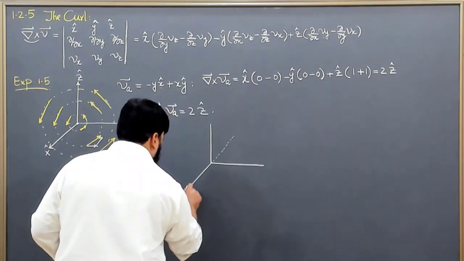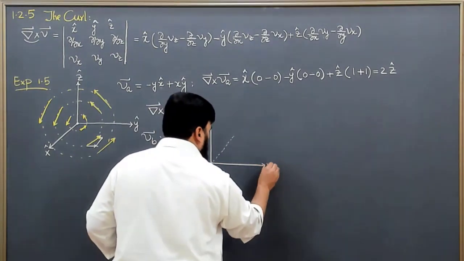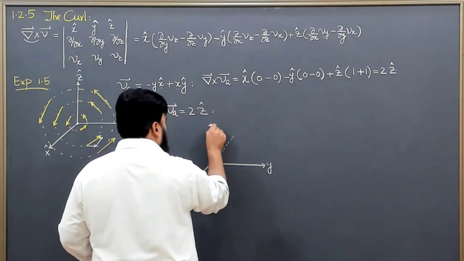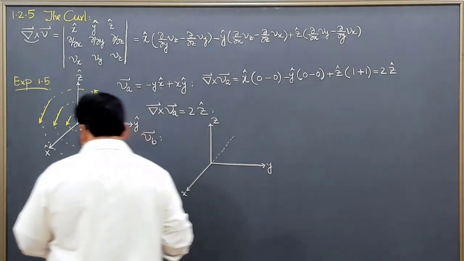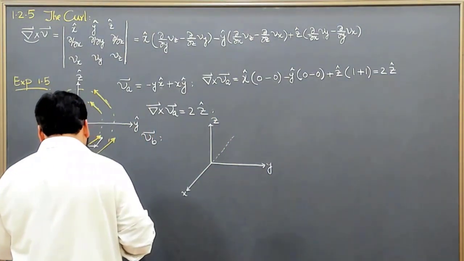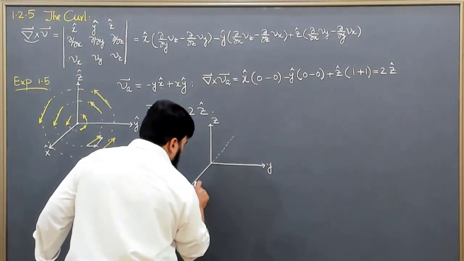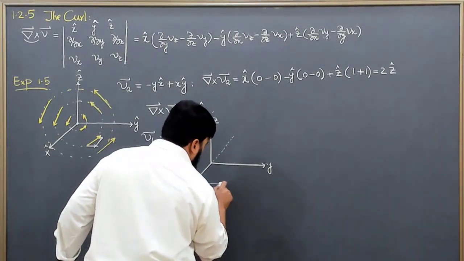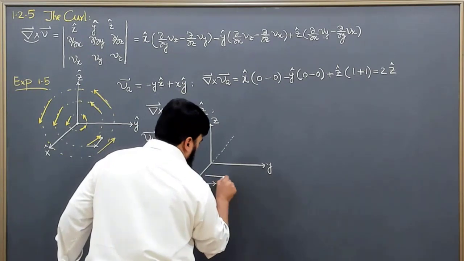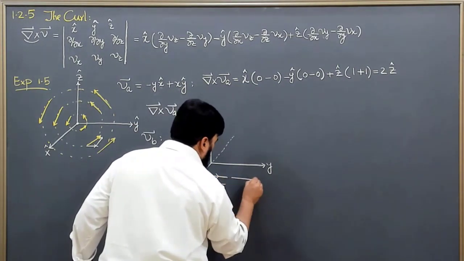This is our x-axis, this is the y-axis, and this is the z-axis. Now the vector field is such that it is just the translation of this x, like they are going in this direction.